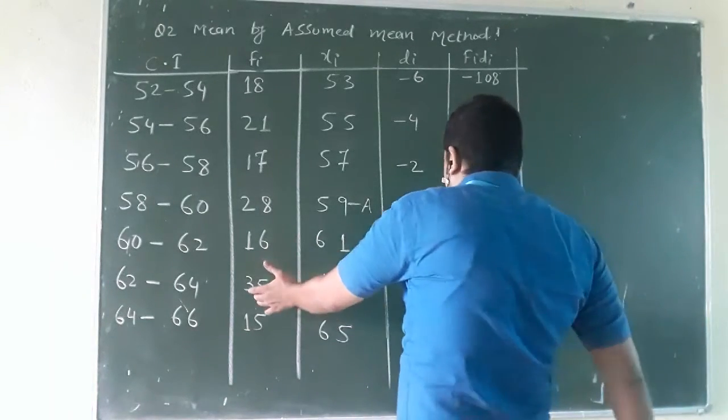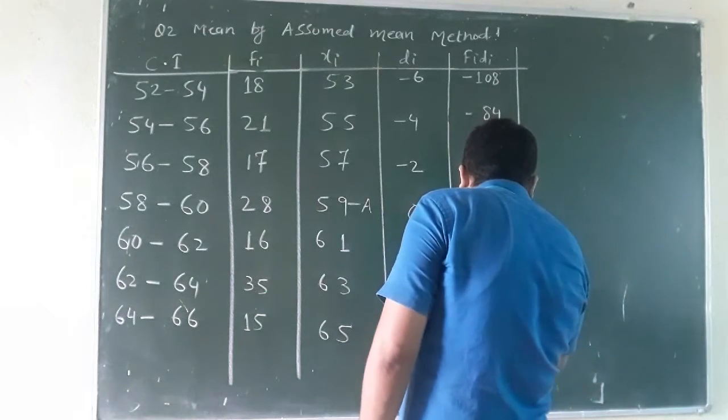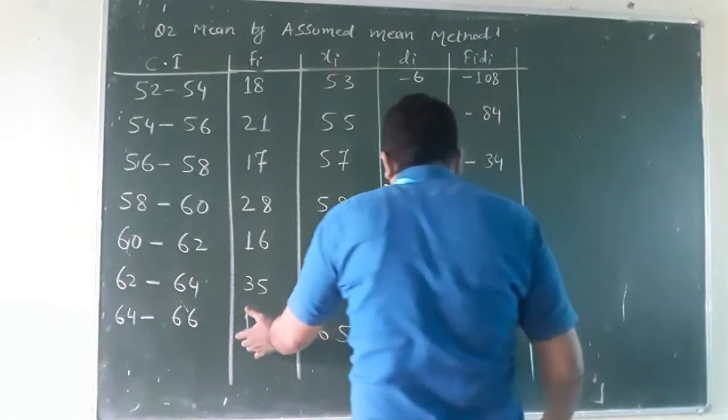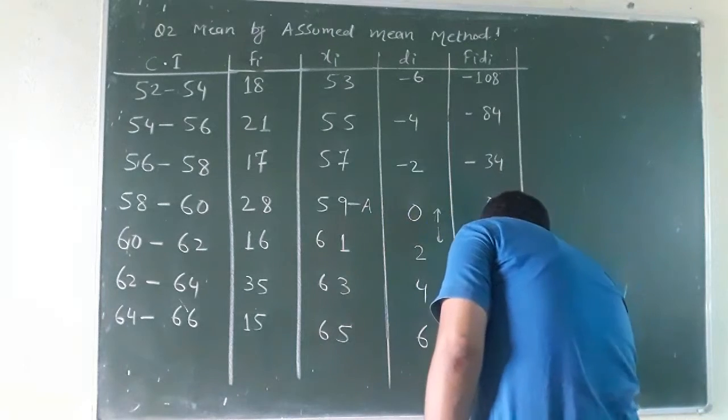Now 35 into 4 is 140. Now 15 into 6 will be 90.